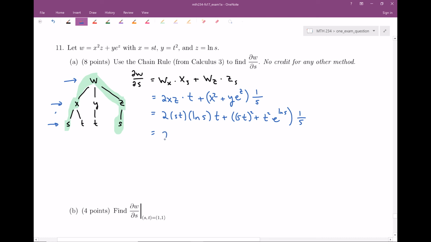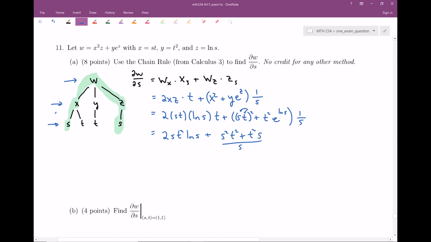So this looks like 2 s t squared times the natural log of s, plus, and now this little 2 would distribute to each piece. So that's going to be s squared t squared plus t squared, and we have e to the natural log of s. Well, luckily these are inverses, so they'll perfectly cancel out. And now I'm dividing by s for these terms right here.